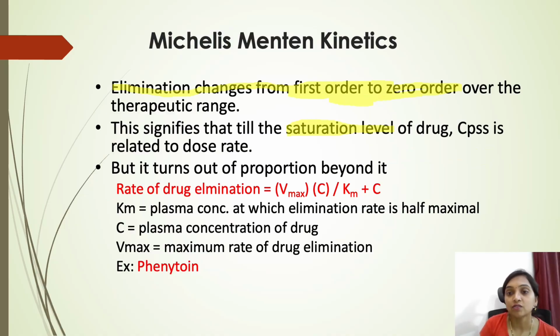Then the kinetics will shift to zero order, where irrespective of the dose, a constant amount of drug is eliminated. In first order, if the dose is increased, metabolism should also increase, so more enzymes will be required. Once it reaches a saturation level where the elimination process gets saturated, it will shift to zero order.